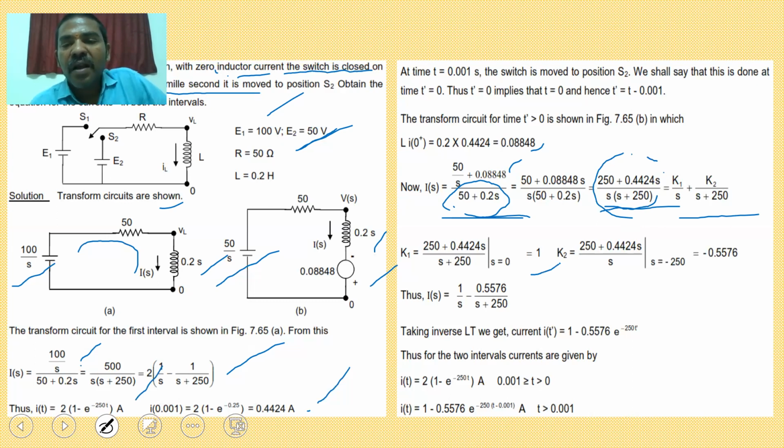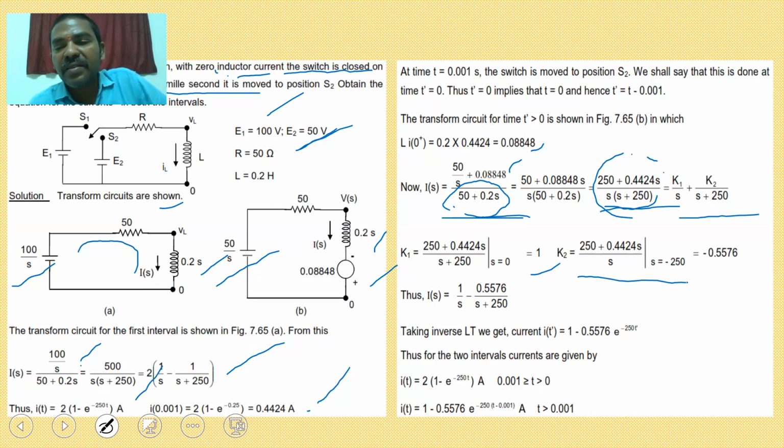So then coming to the second residue, k2 is equal to your I of s value, that is 250 plus 0.4424 s divided by s into s plus 250, into s plus 250, and substitute s is equal to minus 250. Then you get 250 plus 0.4424 s divided by s.